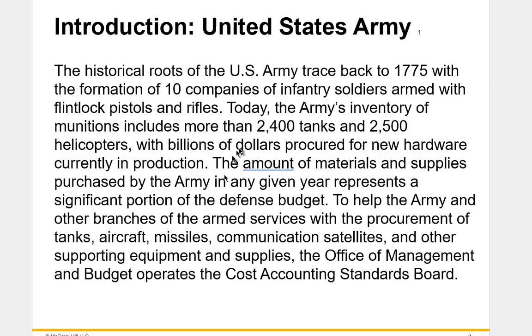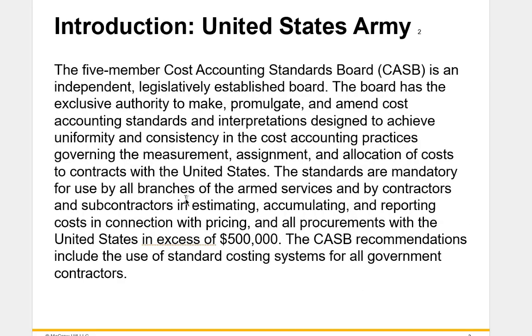As you can imagine, as many of these contracts are made, they are often cost and cost plus. They just have to carefully manage what the costs are and know what they're paying for to get exactly what they want. So there's a 5-member Cost Accounting Standards Board. It's an independent, legislatively established board.